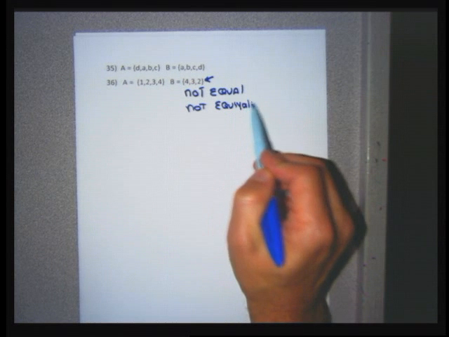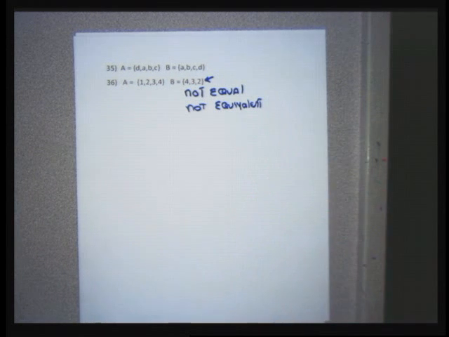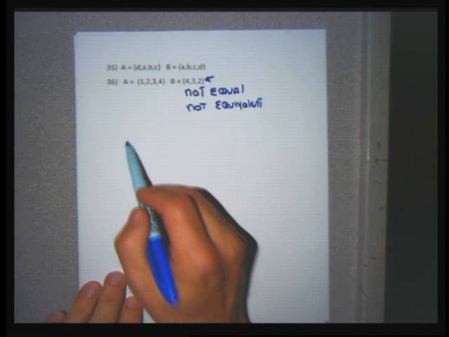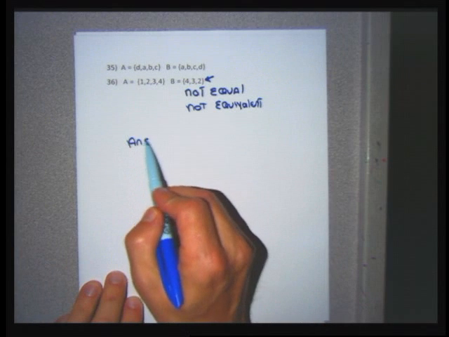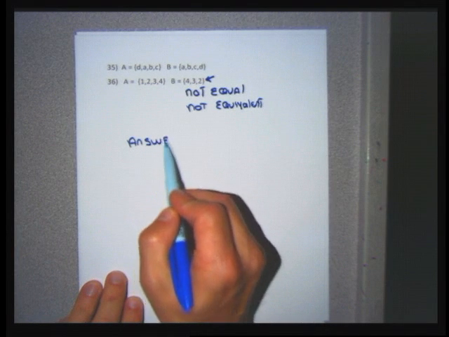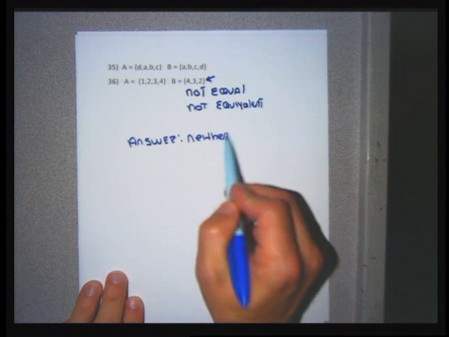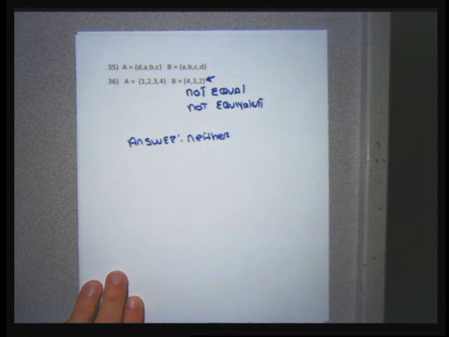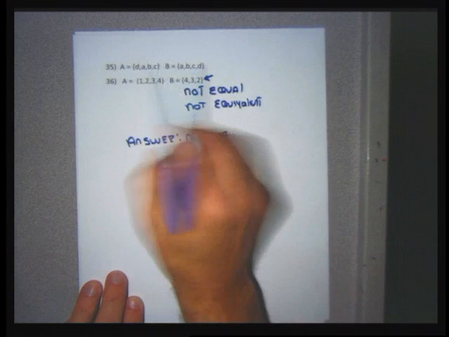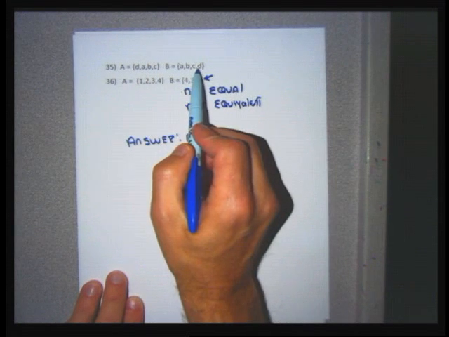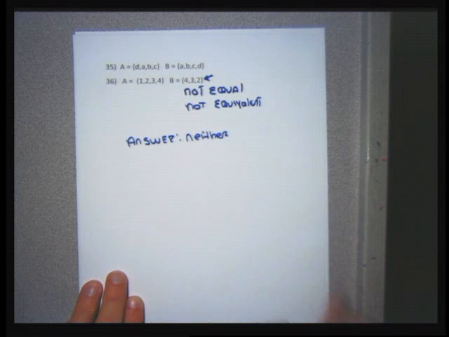To be equivalent, they would both have to have 3 elements or both have to have 4 elements. So my answer to problem 36, are they equal, equivalent, or neither? My answer is going to be neither. Your answer is going to be both equal and equivalent, because they both have A, B, C, and D exactly, and they both have 4 elements. So you're going to have both equal and equivalent.